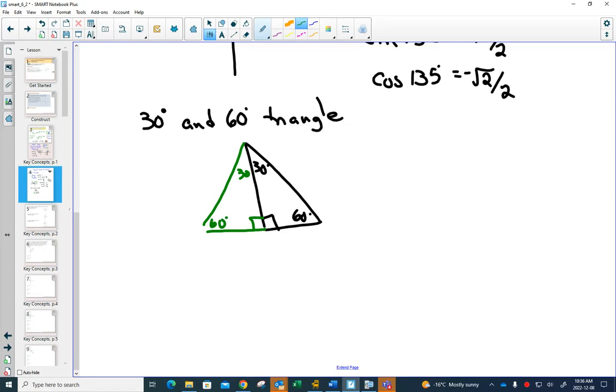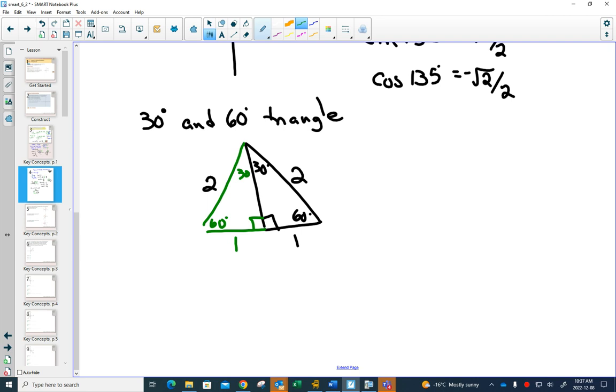The number I'm going to choose is 2, 2, 2, and the reason I chose 2 is, can you see that that would split up the bottom part to 1 and 1? And from this, you can already do some trig stuff without a calculator.